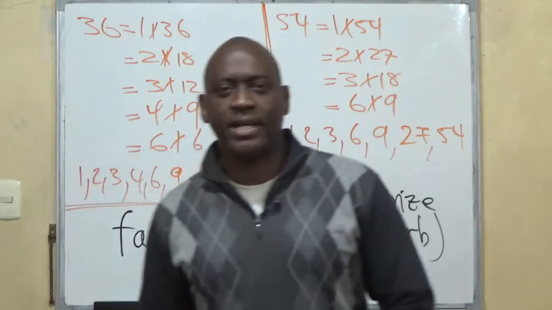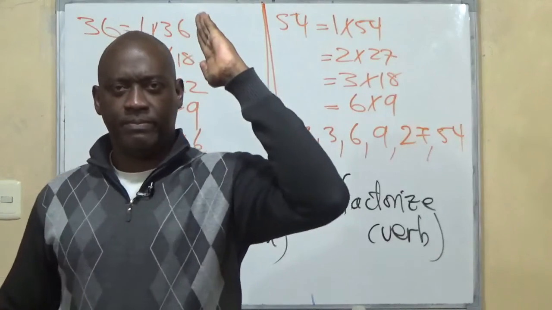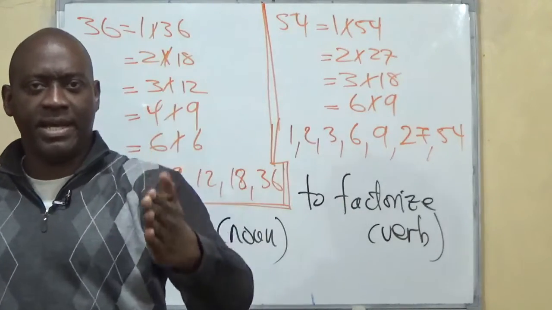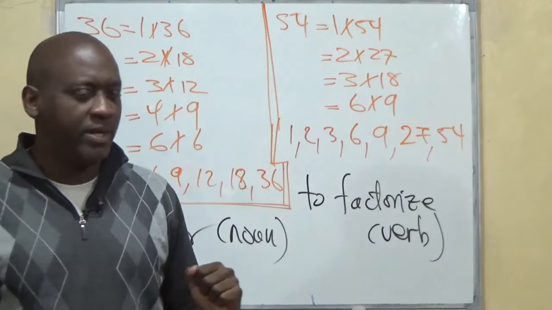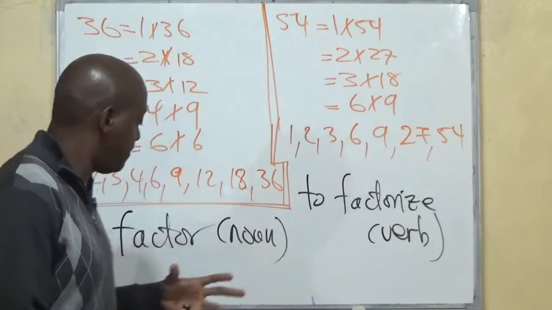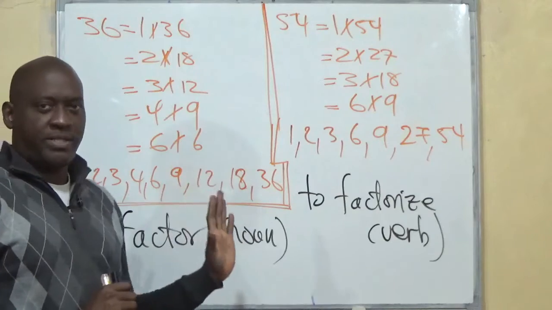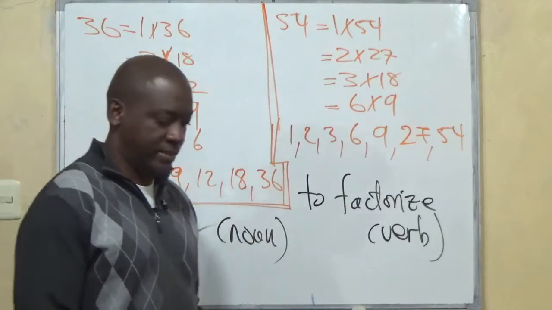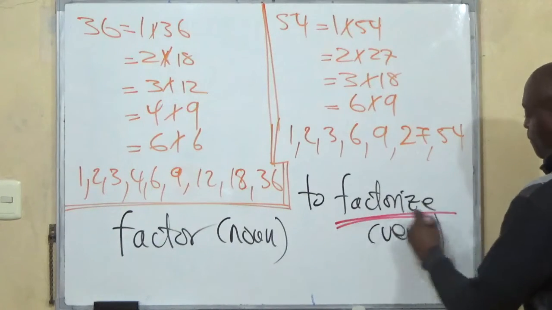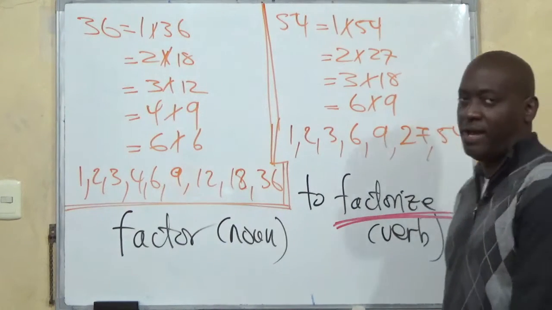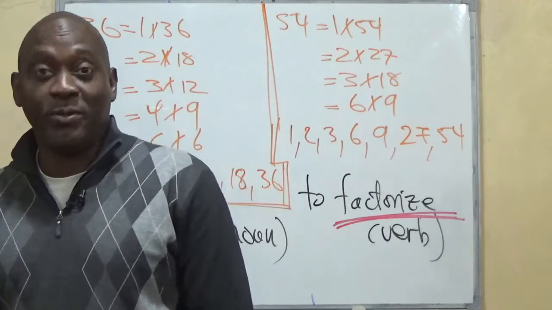In the same way that we had to multiply as a verb, and then you multiply and you get a multiple, when we're talking factorization, the factor is the noun, and the associated verb is to factorize. Some of you watching this probably know the word already.